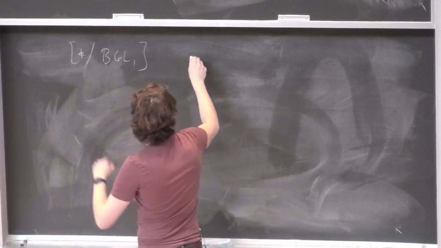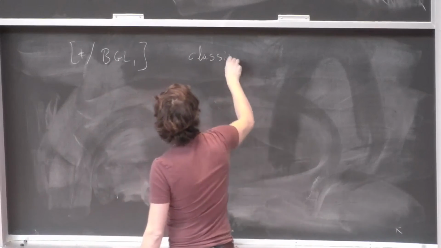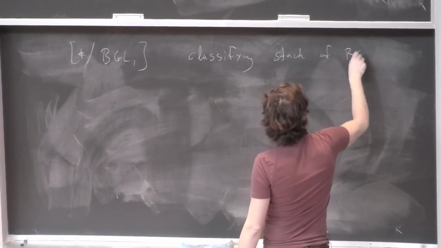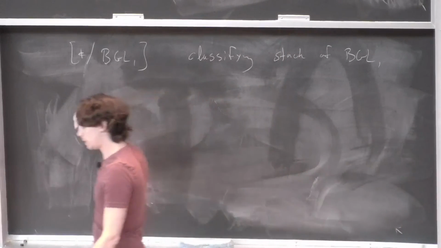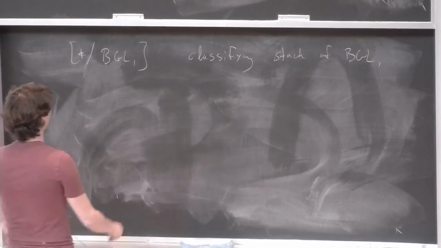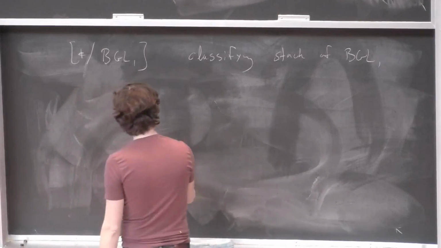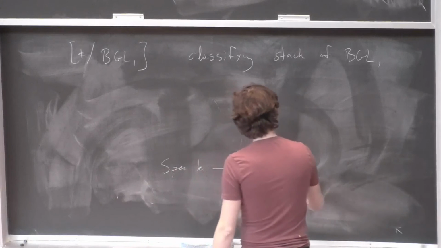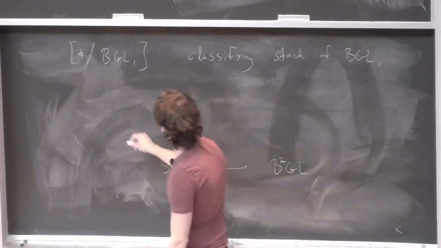And this is what I should have written before, the classifying stack of BGL1. And now this classifies something like gerbes. This is going to be some classifying stack of something that looks classically like Gm gerbes. And once again, let's just do the pullback. I'll write this B squared.